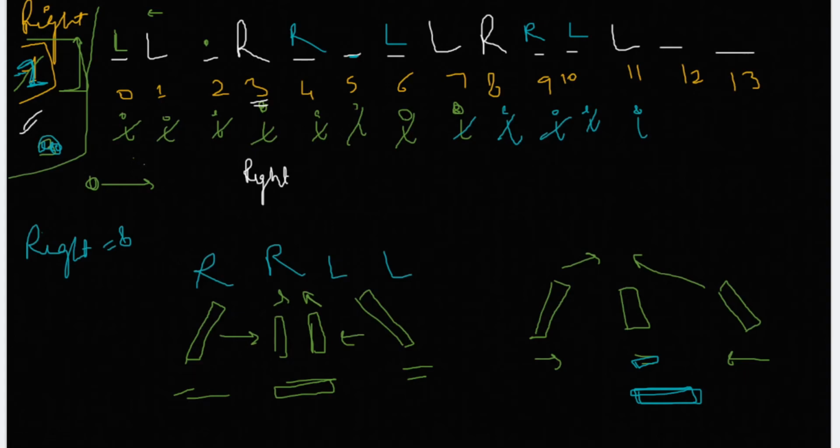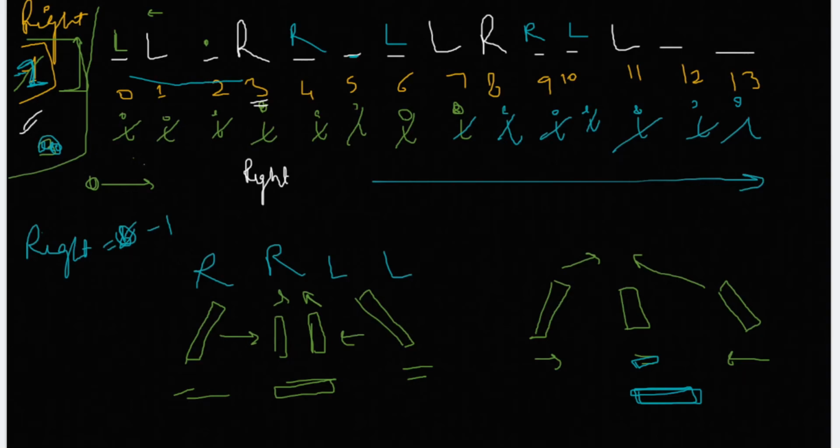Now I'll make my right variable point to -1 yet again. Now I'll move forward. Since this is an empty space and this is an empty space, we'll be done with our string, and this should be our answer.